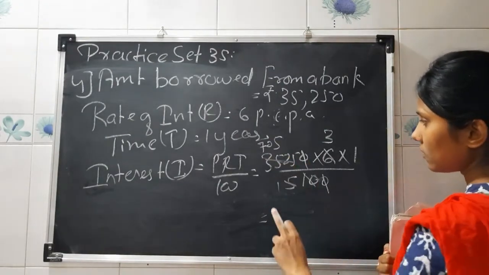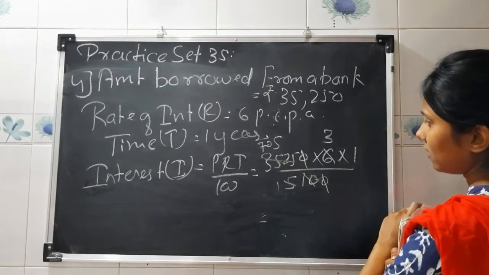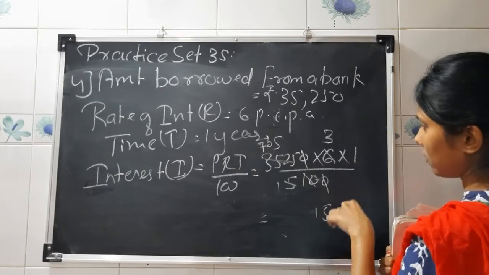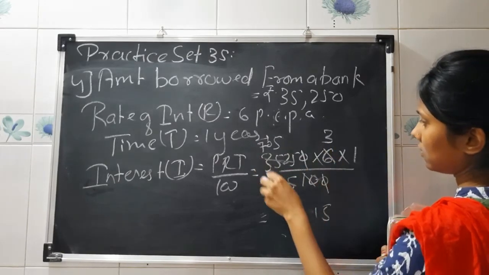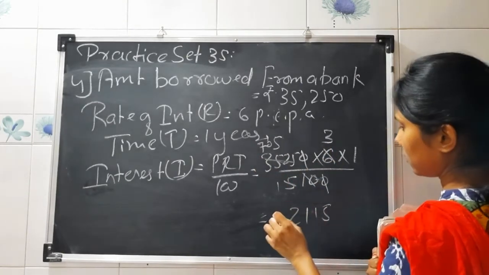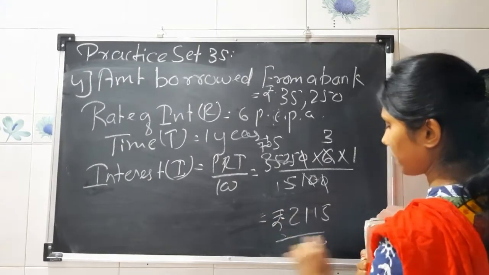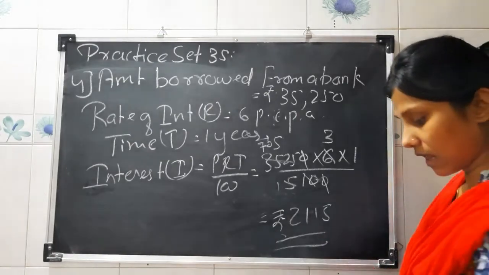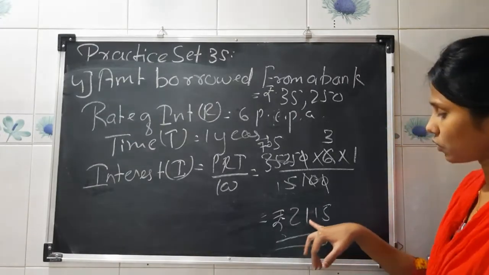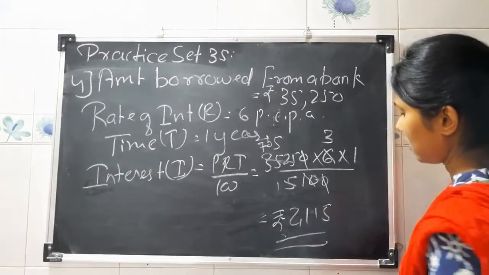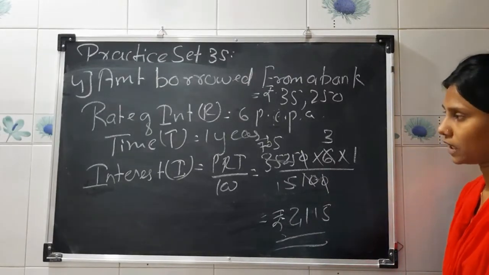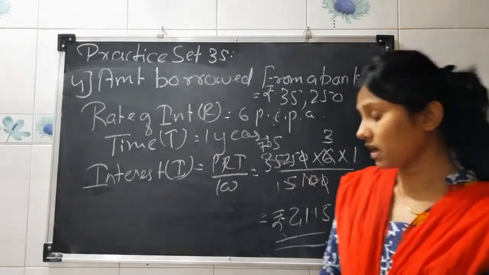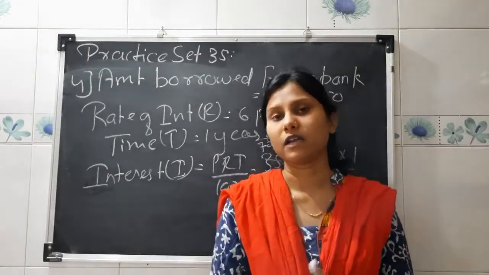Now 705 multiplied by 3, 15, 1, 21. So the interest which Kisan Rao has to pay to the bank is rupees 2,115. Okay, understood? So in this way we have completed our practice set 35.